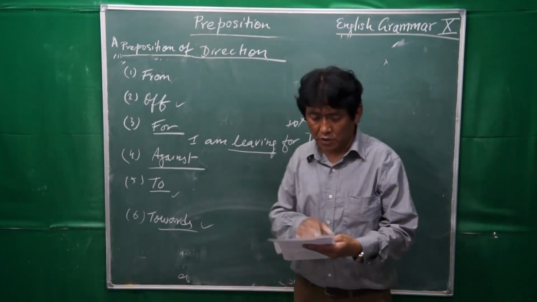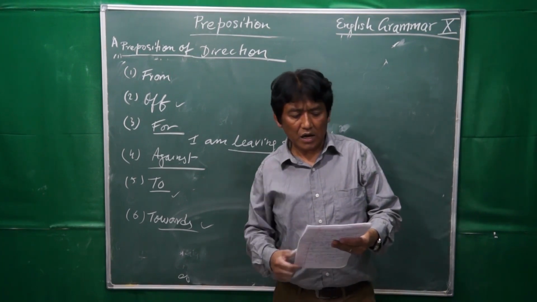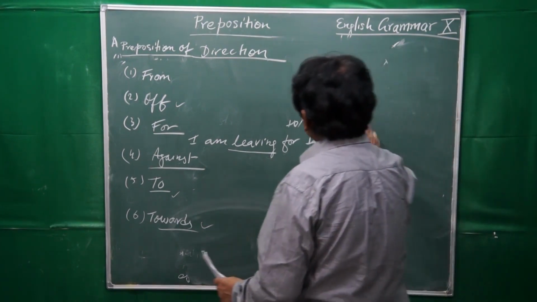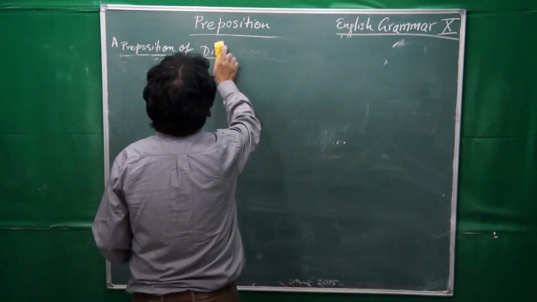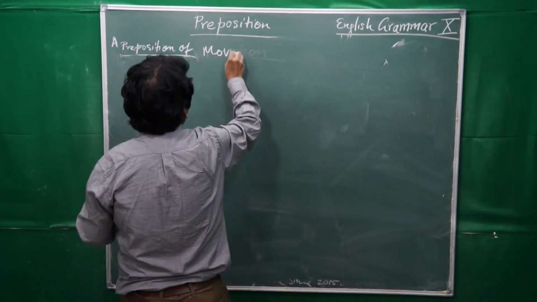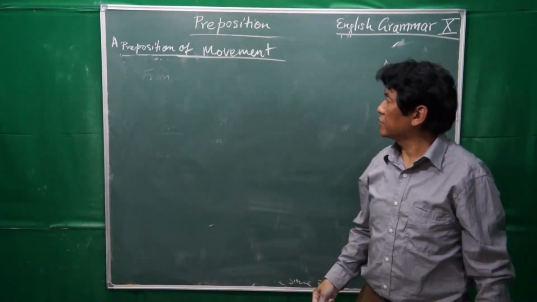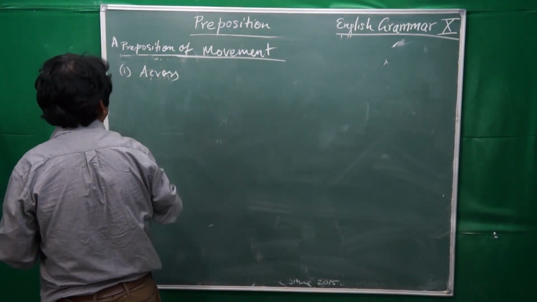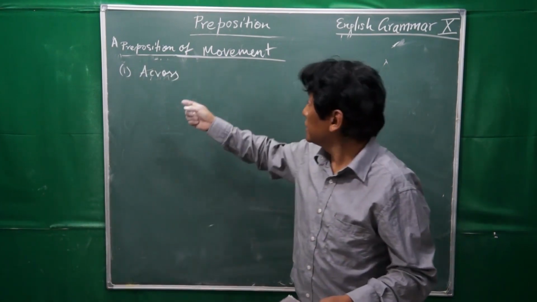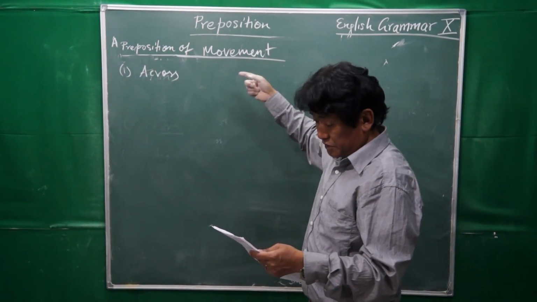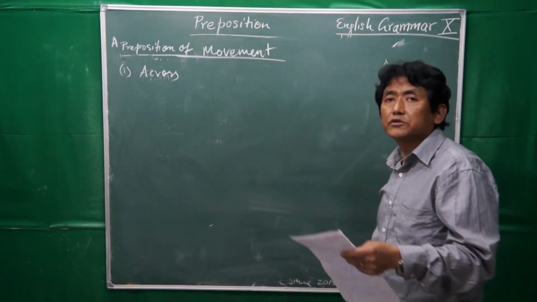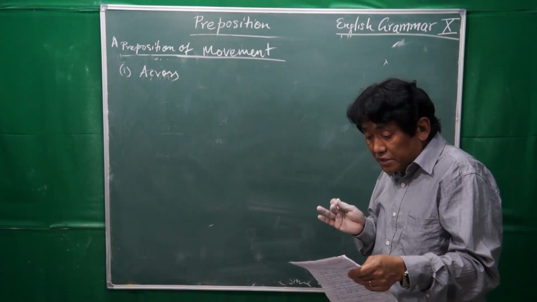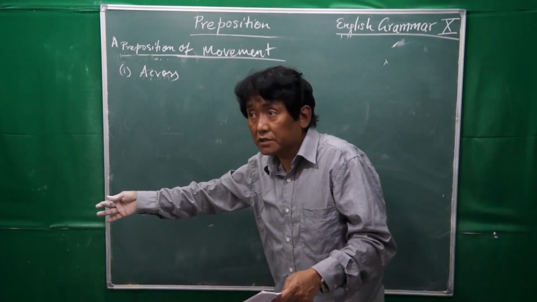Now we will move to the next one. Prepositions of movement, or you can say travel also. For this I have got across, number one. Across is used to indicate movement from one side, one line, a space or an area, to the other side, right?